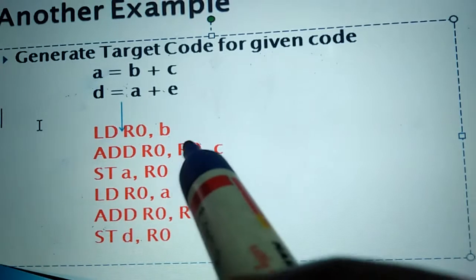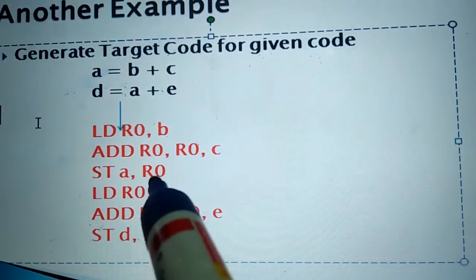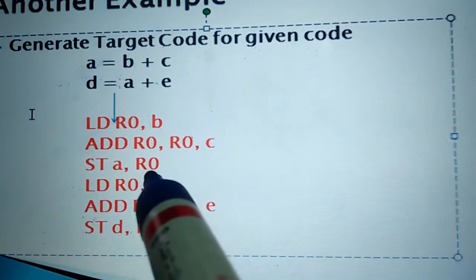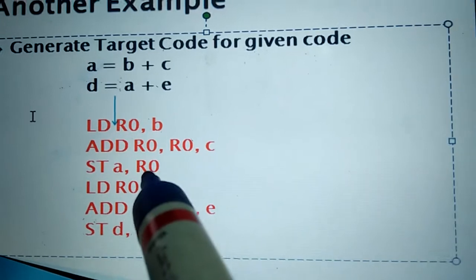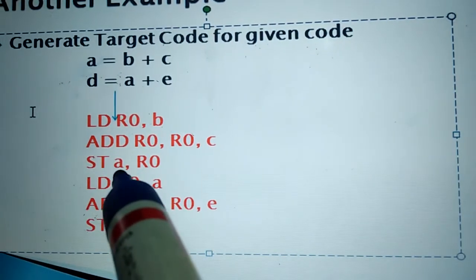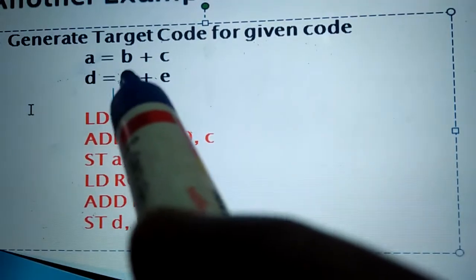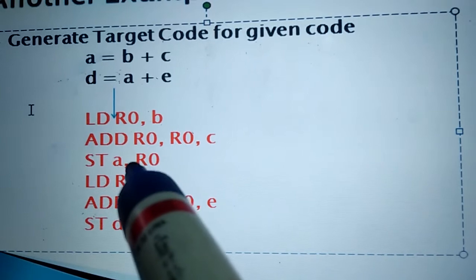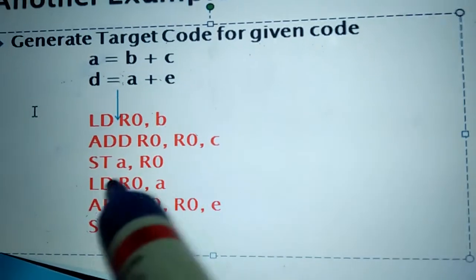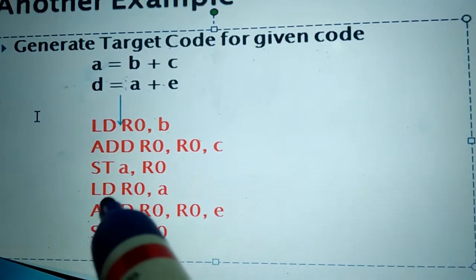So in R0 we have the previous computed value, which is holding the value of b plus c. So this R0 value is being assigned to a, to store the resultant value of the addition b plus c. In the same way, for the second line of the code, these are the target code generated.